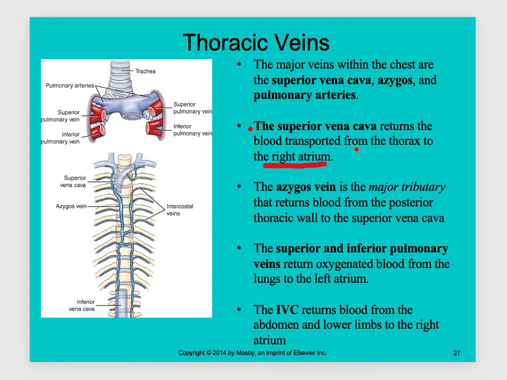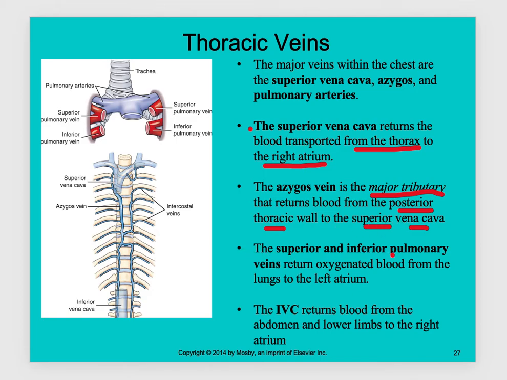The azygos vein is the major tributary. It returns blood from the posterior thoracic wall to the superior vena cava.